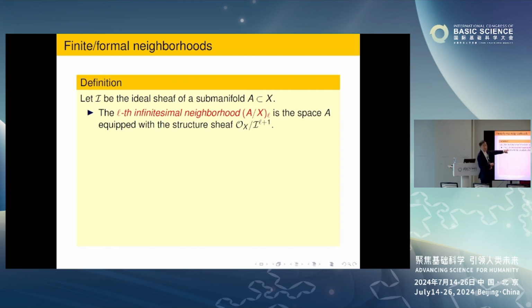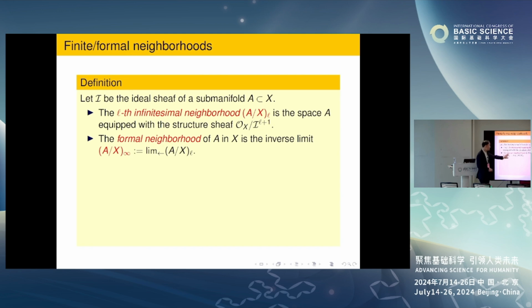When L is a positive integer, the L-th infinitesimal neighborhood of the submanifold is a complex space whose underlying space is just the compact complex manifold A, but its structure sheaf is a non-reduced sheaf with a nilpotent structure, defined by the (L+1)-st power of the ideal sheaf. So this is the L-th infinitesimal neighborhood of A.